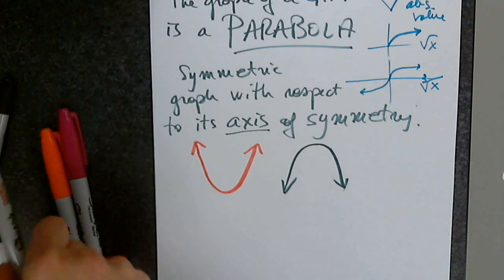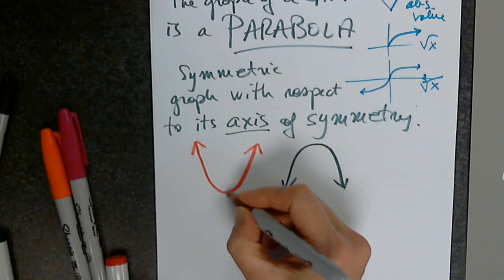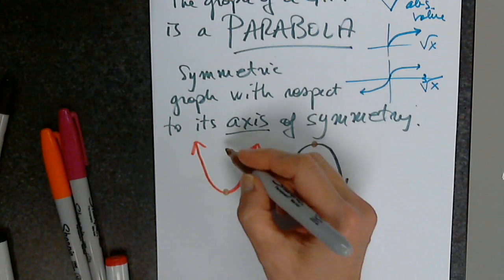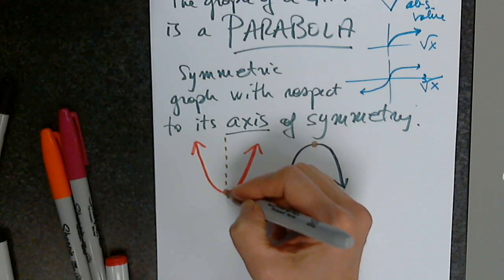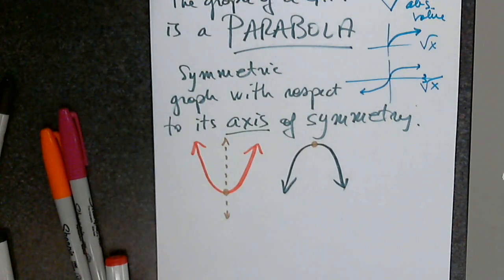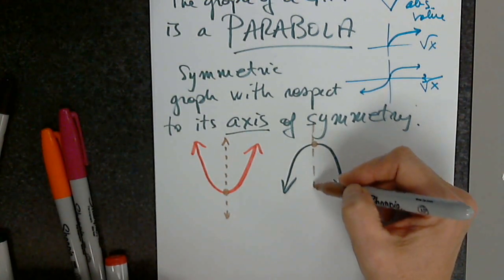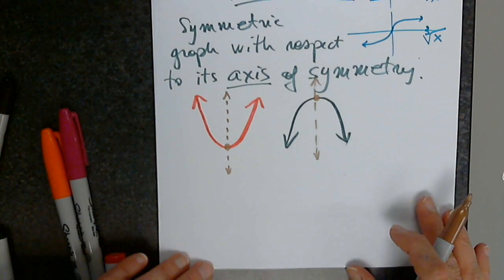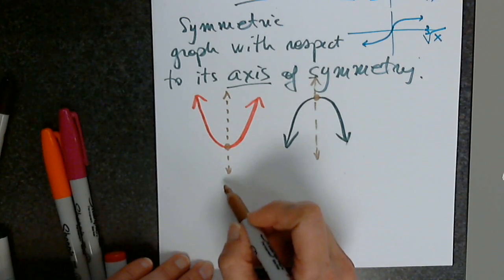Where is the axis of symmetry? If this is the minimum, this is the maximum, it's always the vertical line, which is not part of the graph. Notice that I have not graphed it as a solid line. It's not part of the graph, so we don't graph it as a solid line. This is the axis of symmetry.